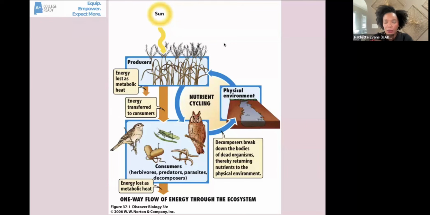You see in this particular ecosystem, the energy starts with the sun, and hopefully you can see my cursor here. Then there's a collection of organisms that can bind that energy from the sun and transform it into organic molecules. That group of organisms are called autotrophs or producers, as you see here.